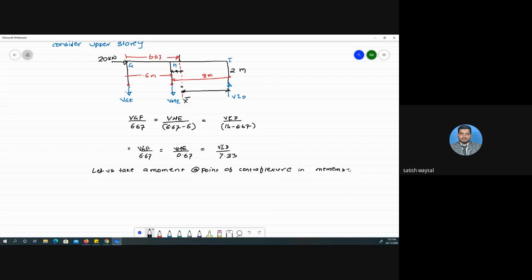You can take at any location, member ID. I am locating over here. So our aim, my targeting, is that I am going to take moment at this.